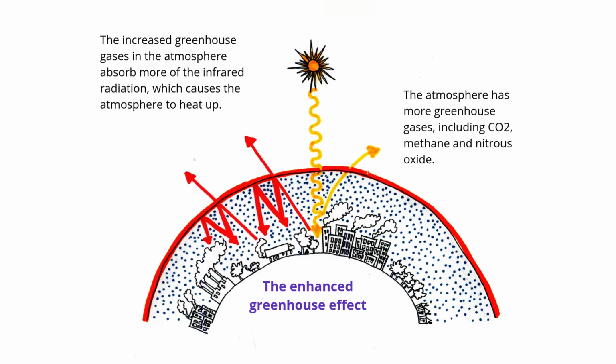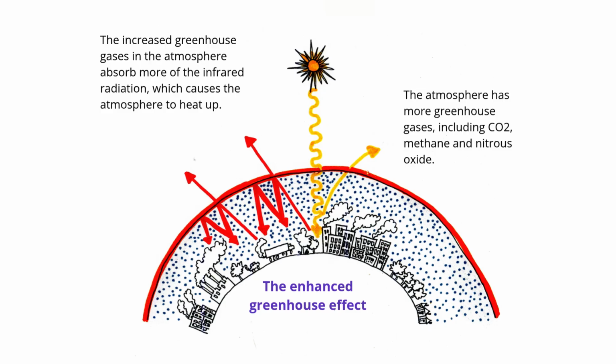And then that enhanced greenhouse effect, again, we can see we have all of these multiple greenhouse gases here, and then we can see how things are just getting bounced around in a lot of different ways now. And it's getting trapped in that carbon dioxide, methane, nitrous oxide, and more outgoing radiation is absorbed and reemitted.